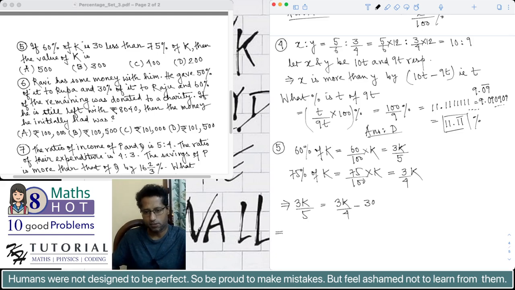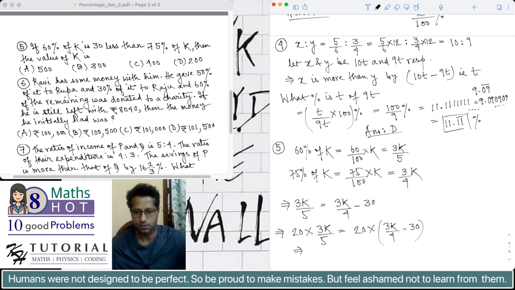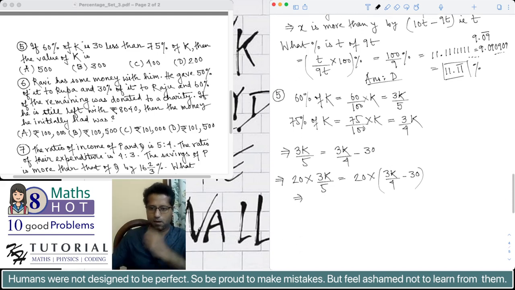So the denominators are 5 and 4, and the LCM of 5 and 4 is 20. So I will multiply both sides of the equation with 20, and I get 20 multiplied by 3K by 5 is equal to 20 multiplied by the right hand side, that is 3K by 4 minus 30. If you simplify further the LHS and RHS, we have 12K is equal to 15K minus 150.